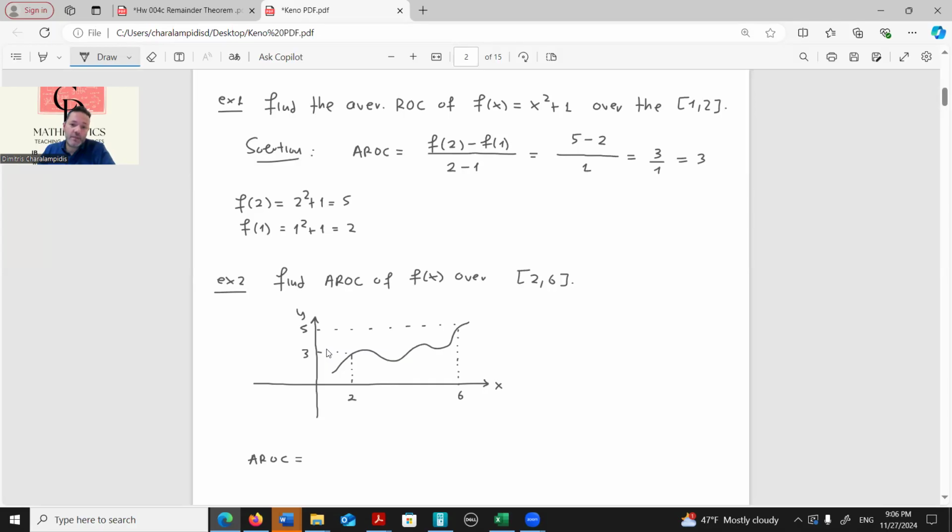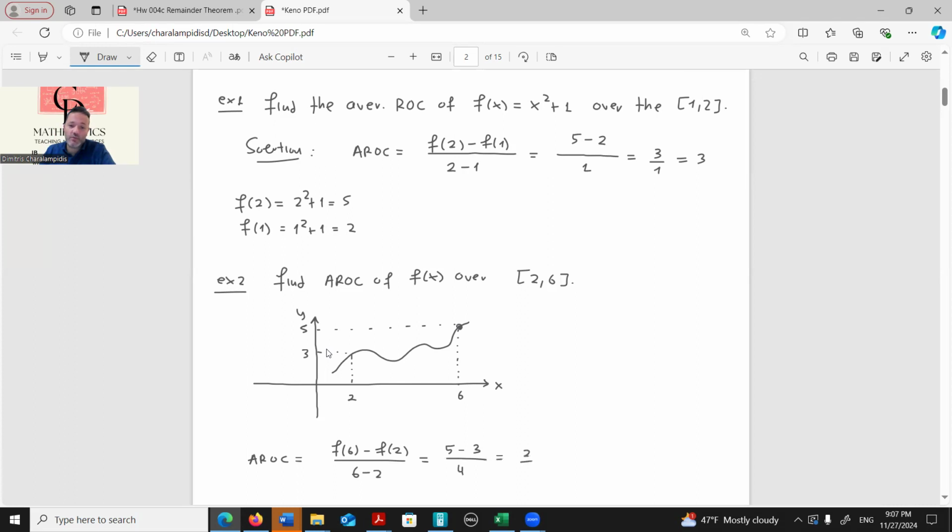The average rate of change, however, would have been f of 6 minus f of 2 over 6 minus 2. f of 6, we can see from the graph, is equal to 5. f of 2 is equal to 3. 6 minus 2 is 4.